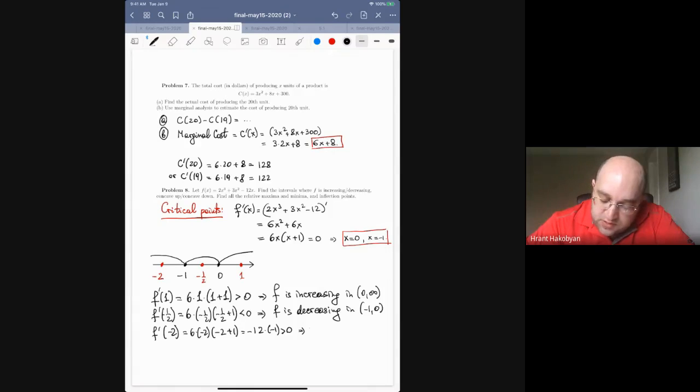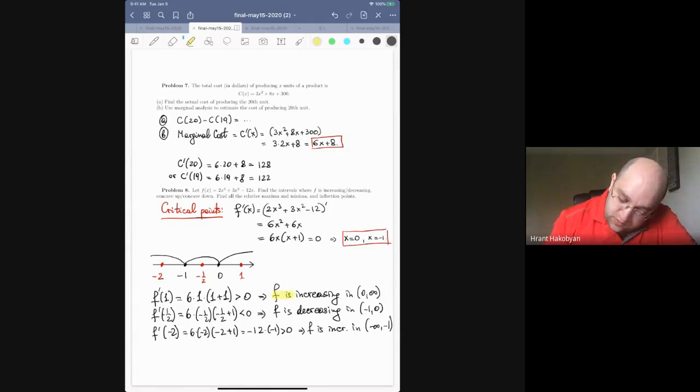So f is increasing in negative infinity to negative 1. Okay, so that's the answer for that. So f is increasing in this interval, decreasing in this interval, and increasing there.